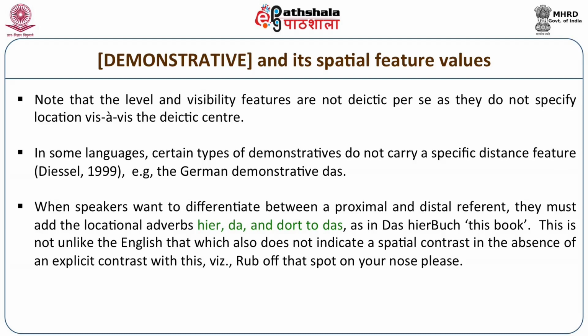That's also not very unlike the English that, which does not indicate a spatial contrast in the absence of an explicit contrast with this. So when you say, rub off that spot on your nose, please, it's clearly a proximate observation that you're making. However, you can use the distal demonstrative.